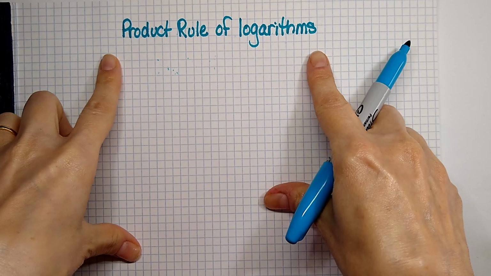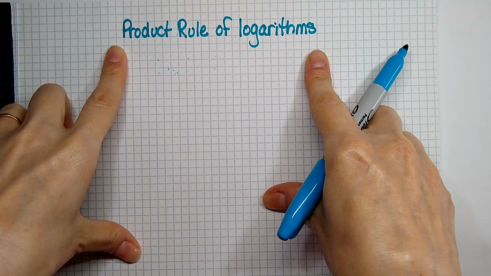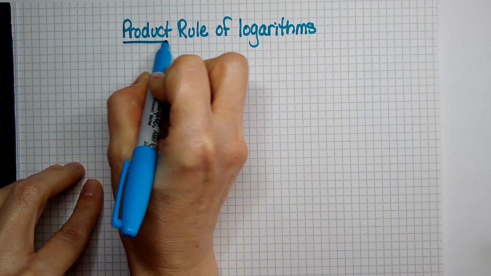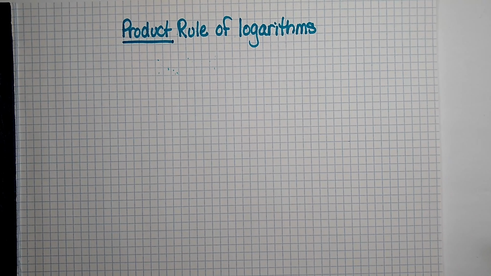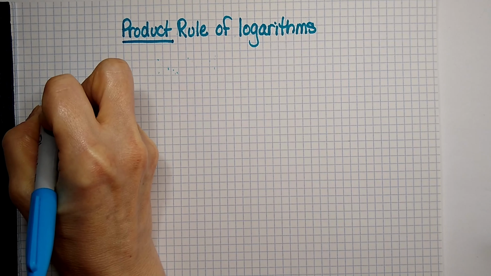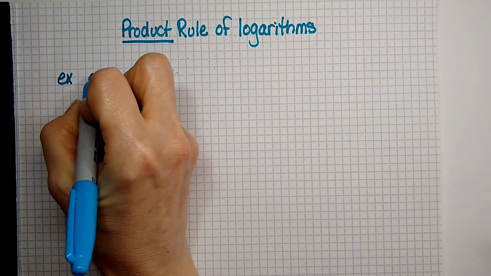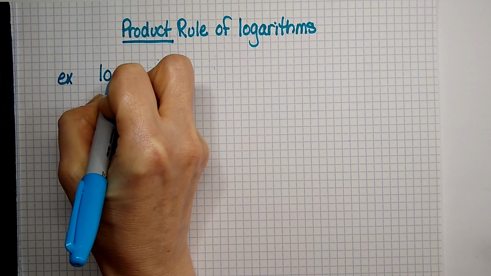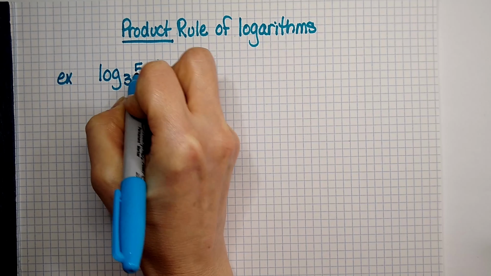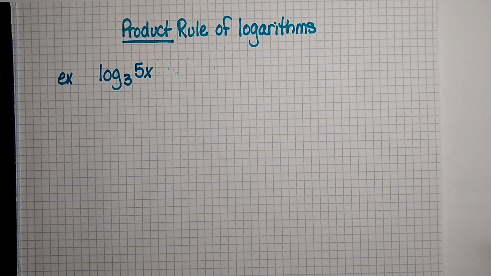So the first rule that we're learning is the product rule of logarithms. If you remember what the word product means, product is when we multiply two things together, okay? So let's take an example. If I have log base 3 of 5x, I can rewrite that into something that is expanded.